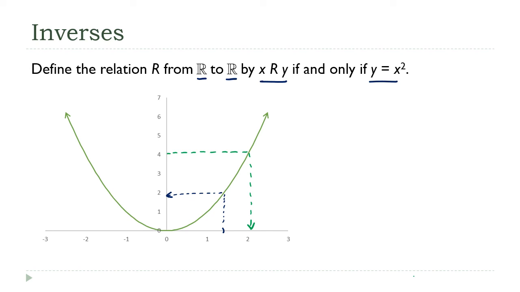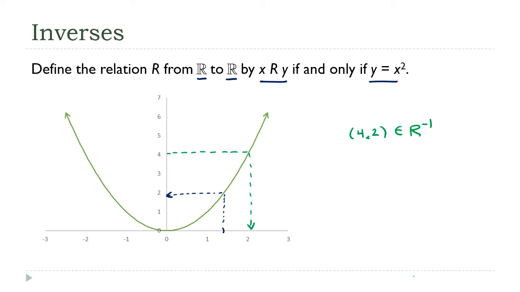So here I would say, and you've got to think about the order now, the point (4, 2) is in the inverse of the relation.